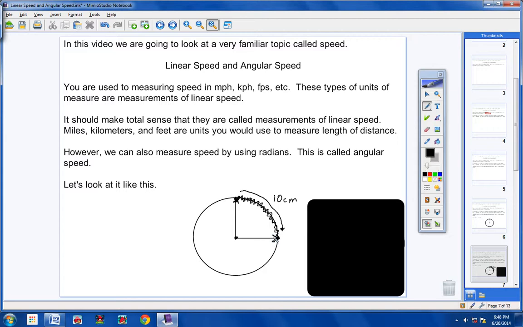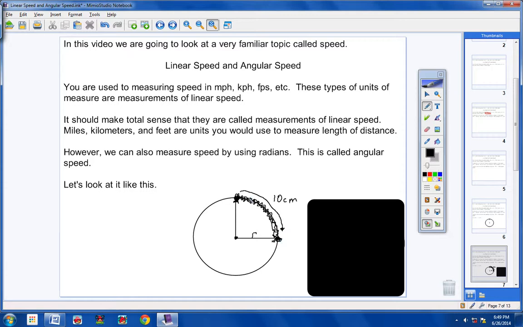Now, the length the tip of the second hand traveled was 10 centimeters. I'm just making this up, just take some notes on it. I'm not sure what the radius is, we'll just call it R, but we're going to say that the second hand traveled from here down to here, and that length is 10 centimeters.